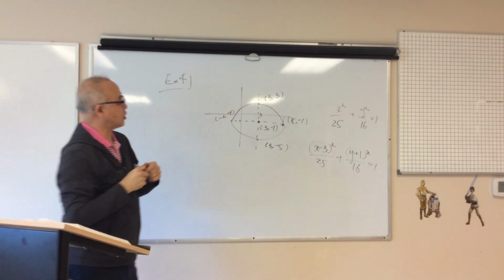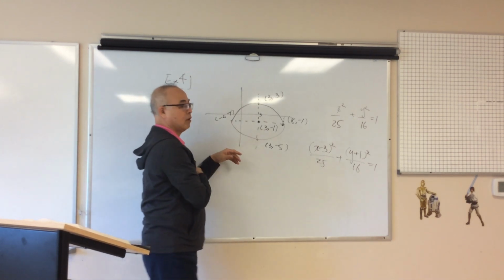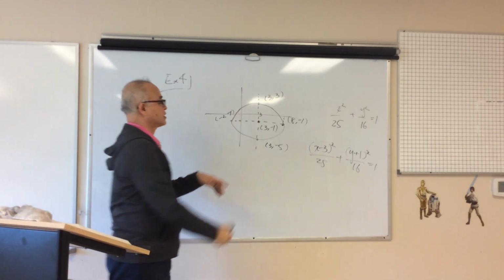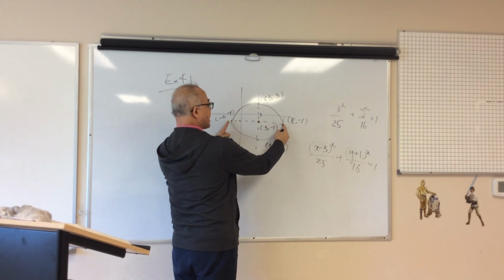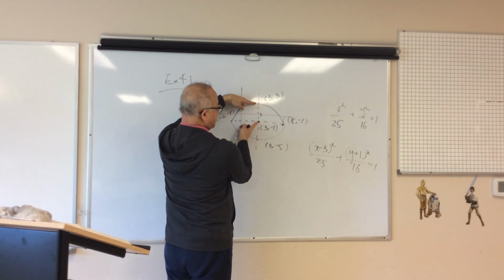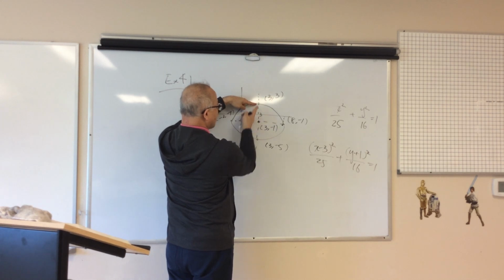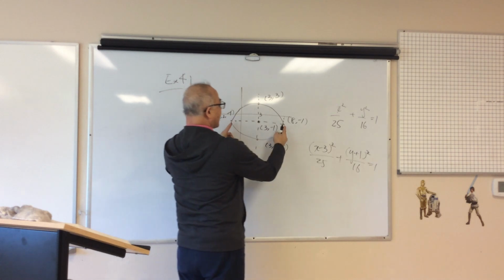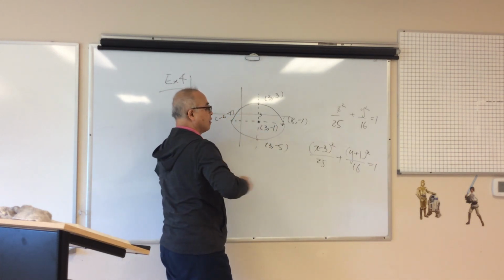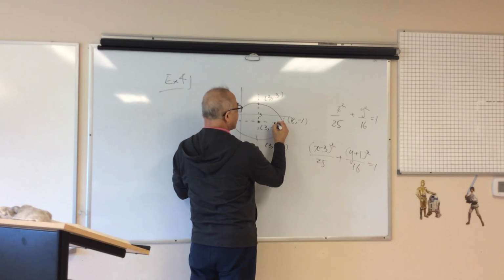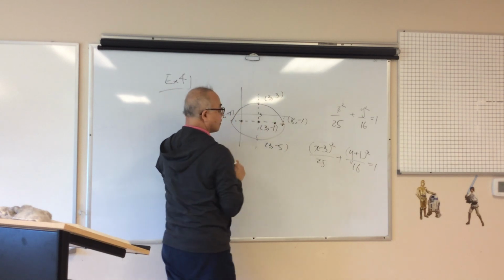Okay. Let's go ahead and briefly review before we go. Semi-major was 5. The major is 10. Semi-minor was 4. The minor itself was 8. So here you go, I got this. This is my vertex. If I asked you to find the foci, they would be over here and here.